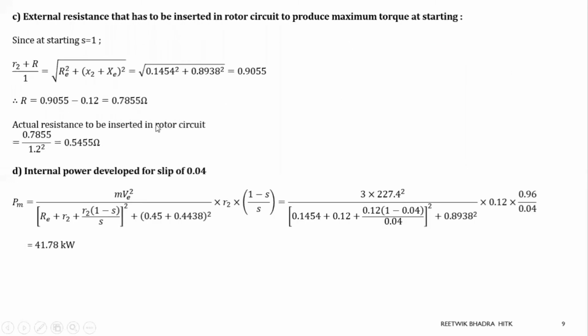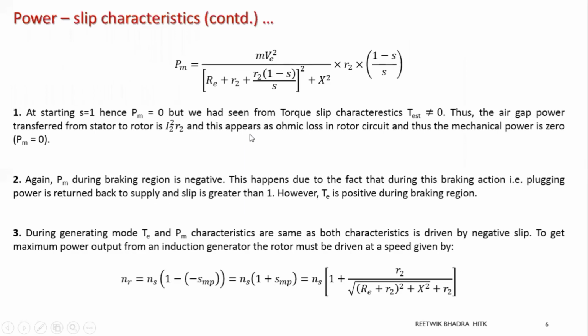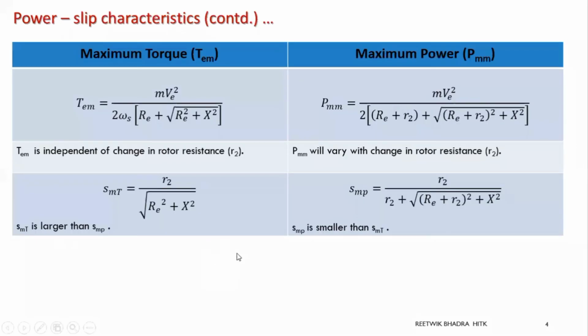So the actual resistance that has to be inserted in the rotor circuit is 0.7855 divided by 1.2 square, that is your k square. So that gives you 0.545. And at last, what is my maximum internal power developed and corresponding slip? Just now we had calculated our maximum power developed.